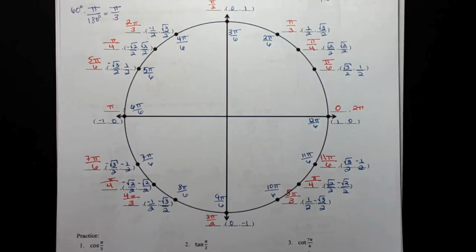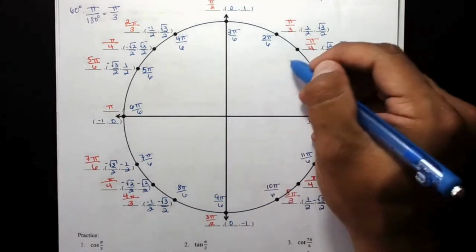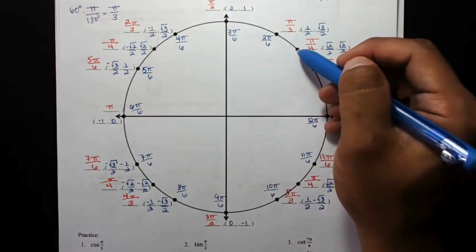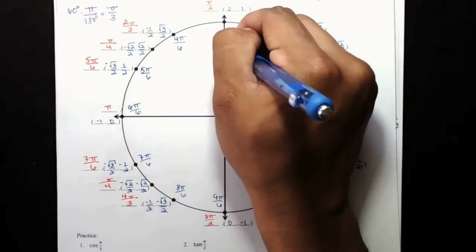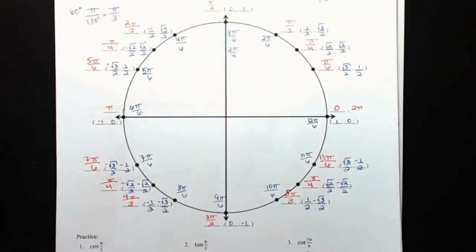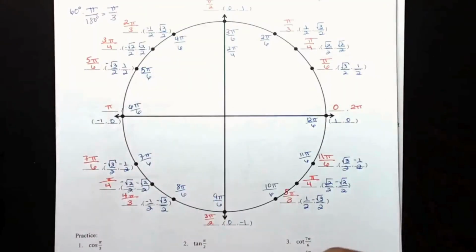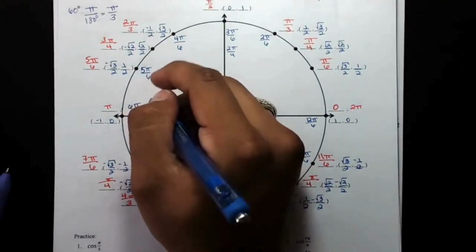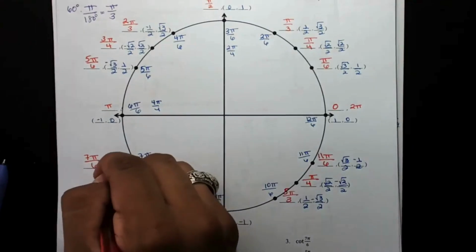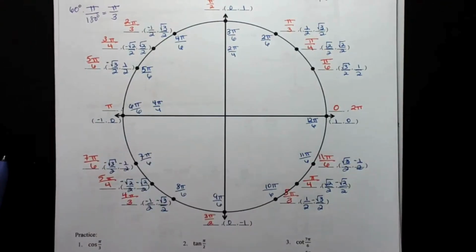You can kind of do the same thing with pi over 4. So you're going to go by 45-degree increments. So this is 1 pi over 4. This is 2 pi over 4, which reduces. This is 3 pi over 4, which I'm just going to write here. Sorry. This is 4 pi over 4. This is 5 pi over 4, which doesn't reduce.